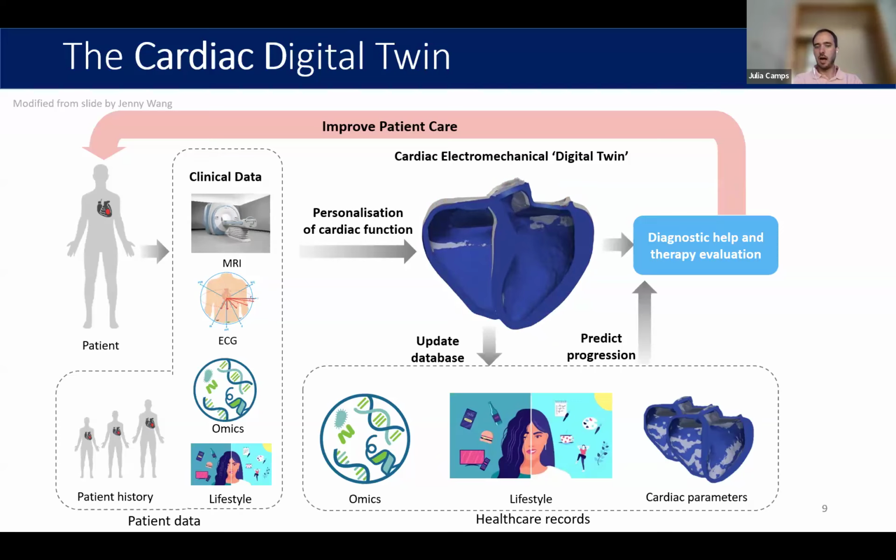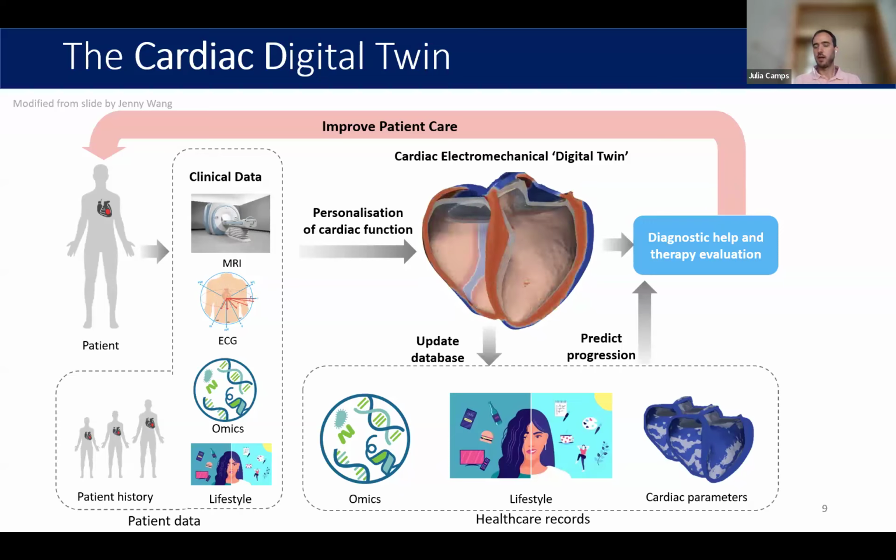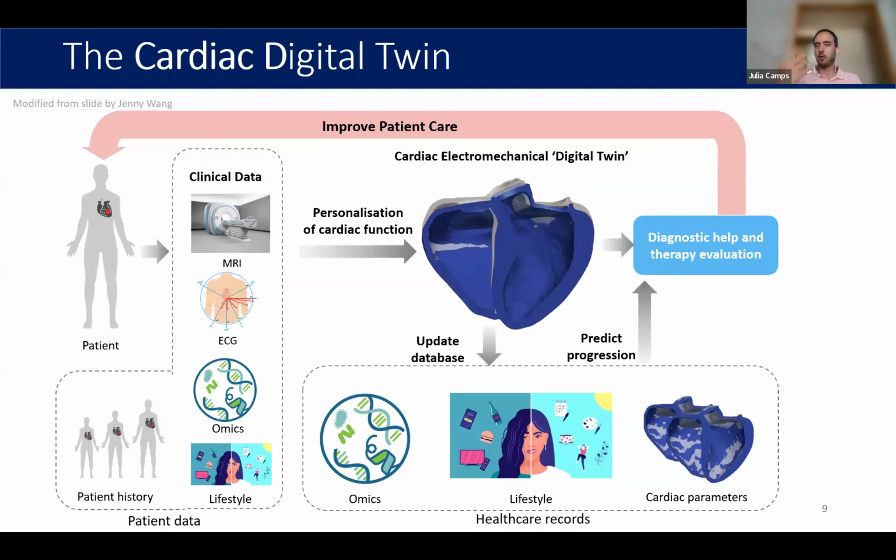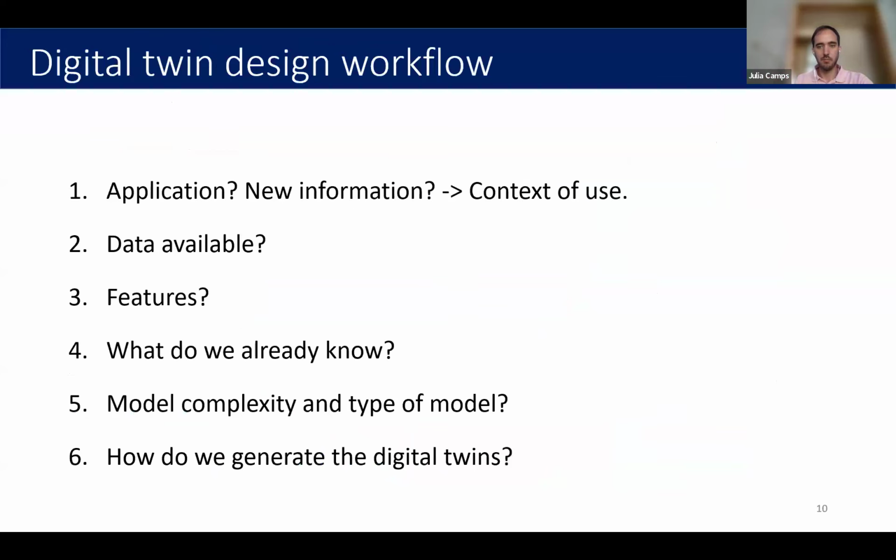And then this just closes the loop. And then maybe we can use the information from the digital twin to create some sort of database so that we don't have to calculate digital twins every single time, so that it's more scalable and sustainable. And we can make better long-term prognosis predictions as well.